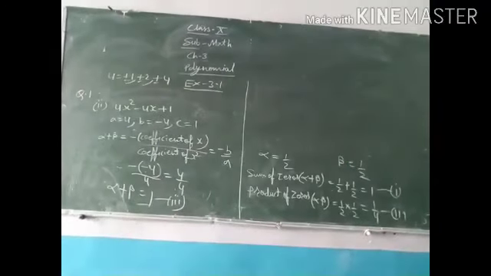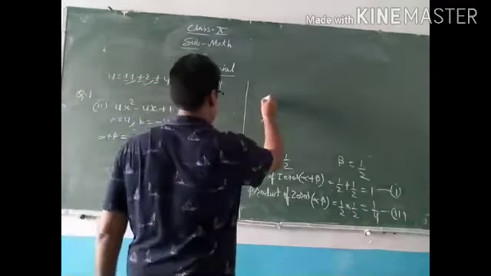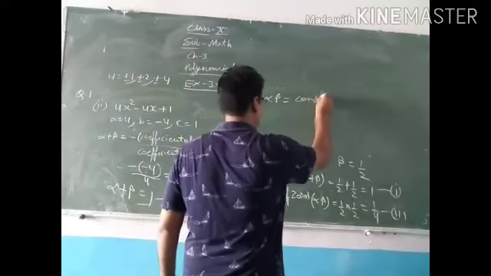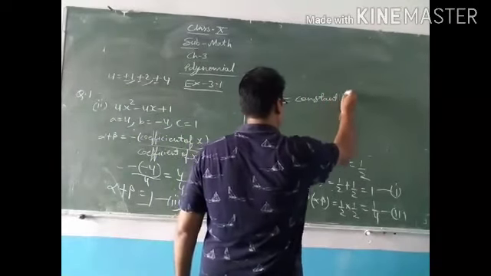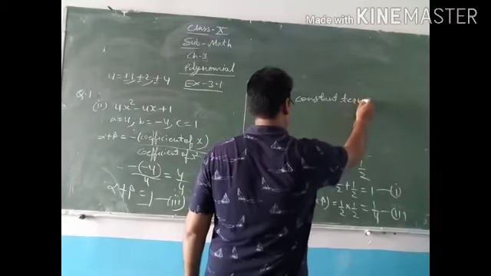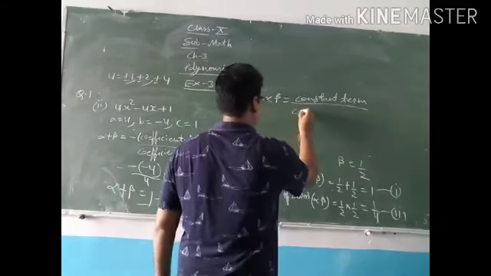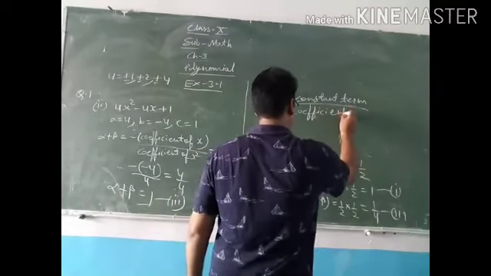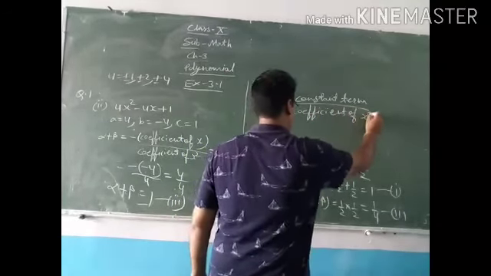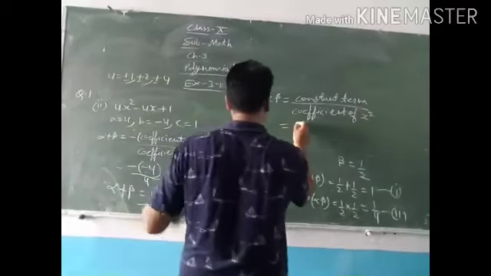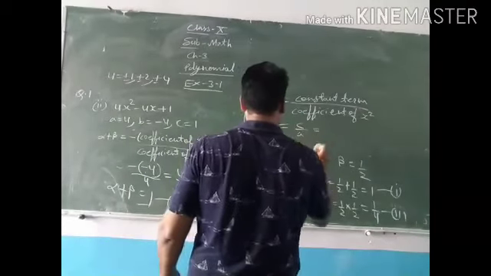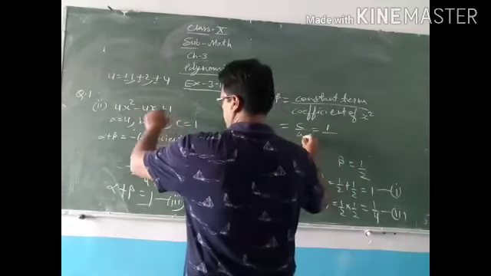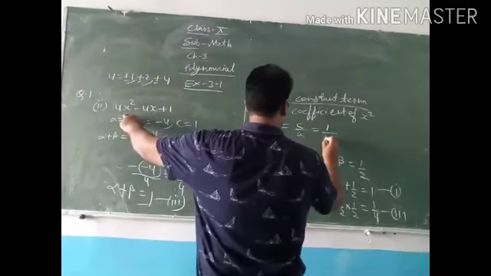Now alpha into beta means constant term upon coefficient of x square. So the constant term is c upon a. C value is 1 and the coefficient of x square means a value is 4.